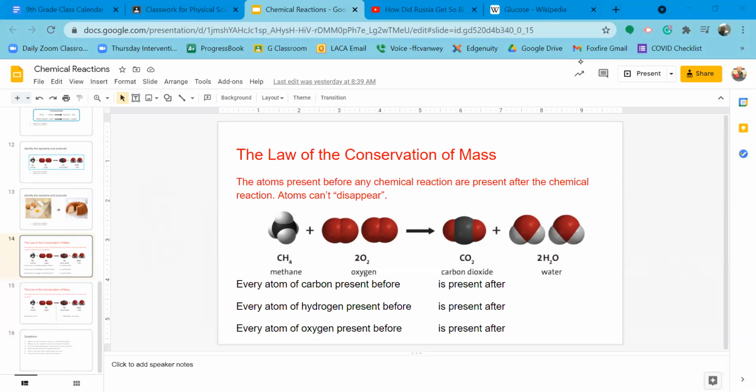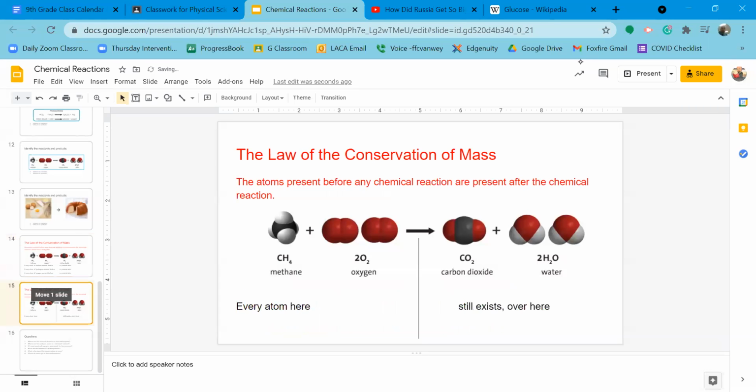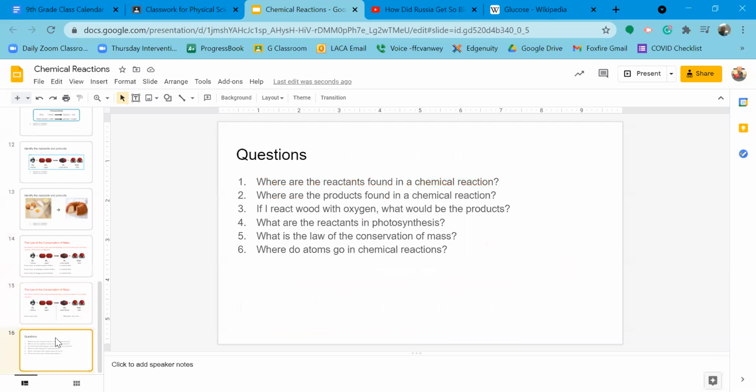We're not going to dig into the higher physics of that, but time happens because carbon would rather hook up to 2 oxygens than it would to 4 hydrogens. That's why time happens. Every atom here exists over here. That's the rule.